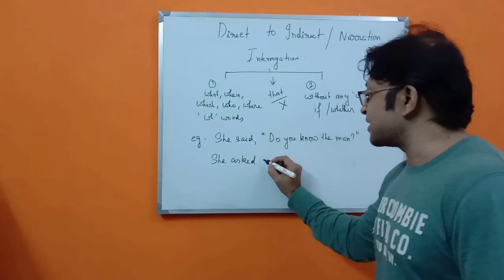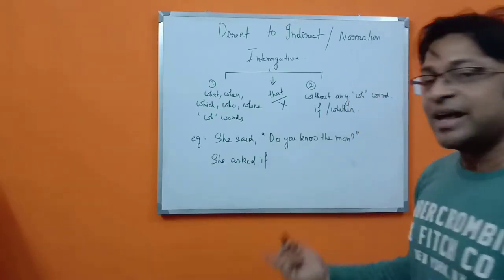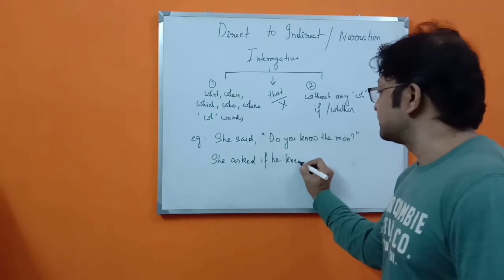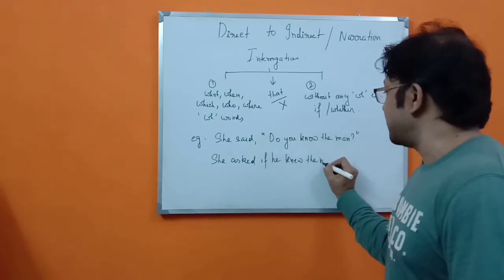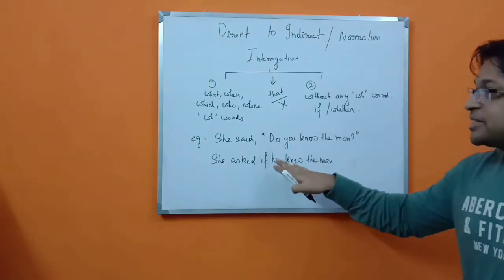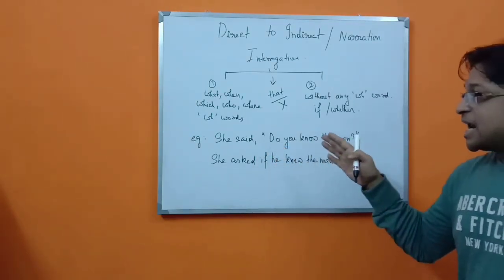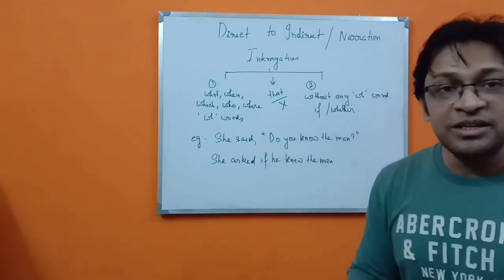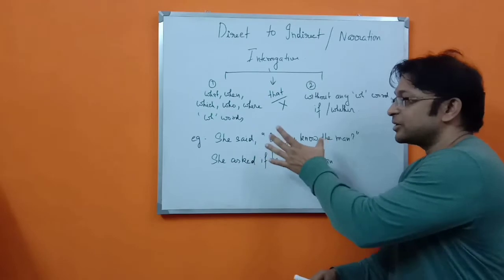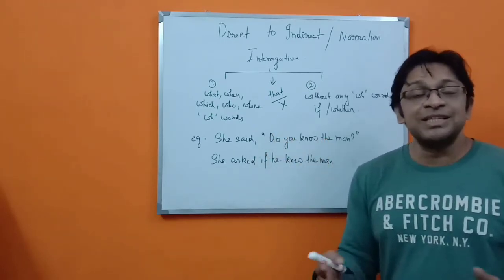What? She asked if. You can be changed into anything. If he knew the man. Full stop. See how I have changed it. Now this portion is being done without using interrogative words, because here you can see the question is being done by using tense.